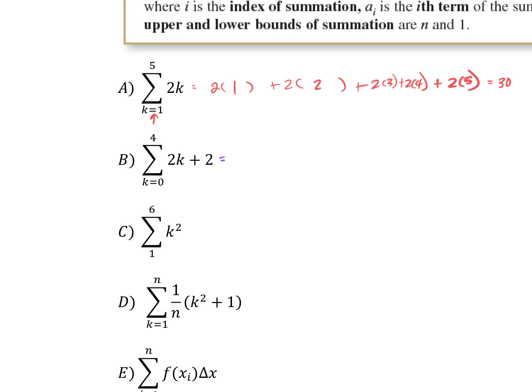So if I'm doing this one, I'm going to start with 2 times 0 plus 2. And then 2 times 1 plus 2. And then 2 times 3 plus 2.